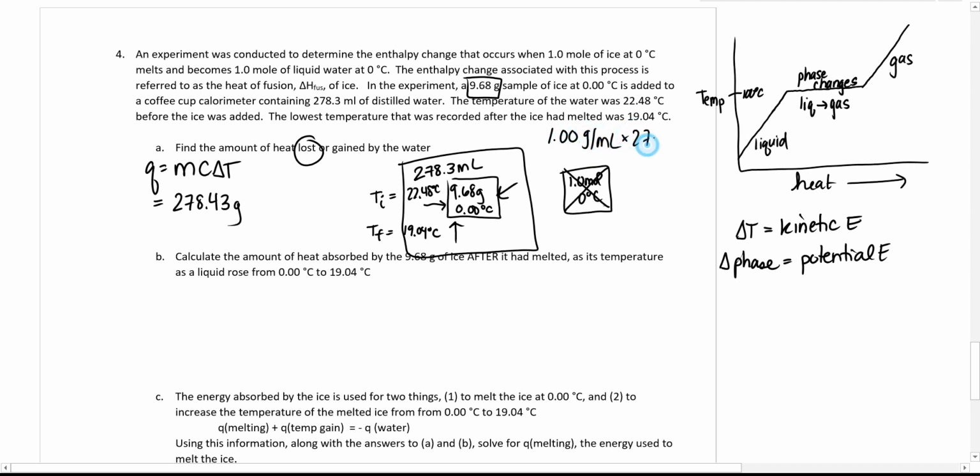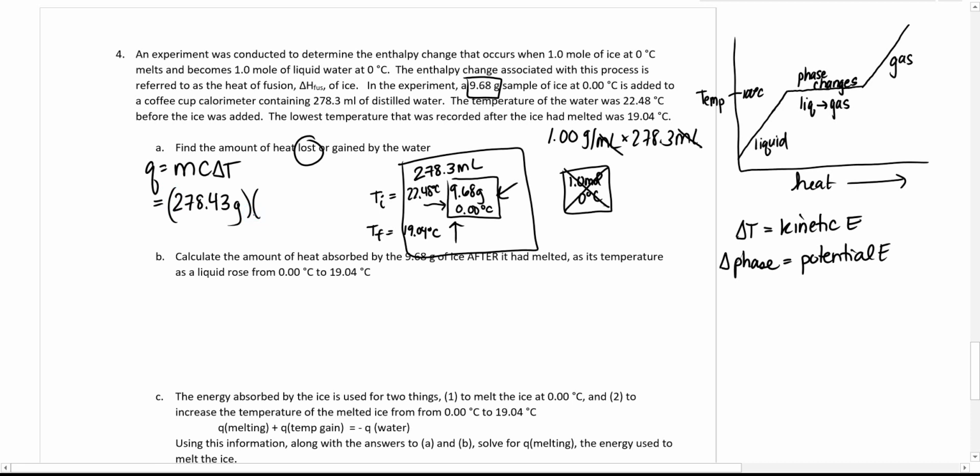So if you have 278.3 milliliters, that would be 278.3 grams. You would have to be given that assumption somewhere in the problem. It'll say assume the density of the solution is this. So that is our mass.